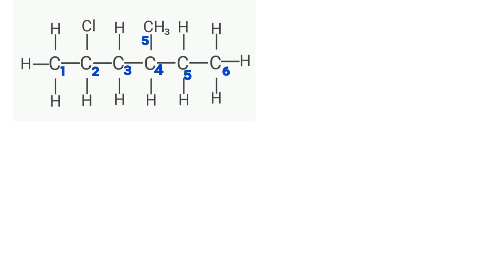So we have a 5 carbon chain and a 6 carbon chain. 6 is greater than 5, so the longest continuous carbon chain is 6. The prefix for 6 is hex. Since this is an alkane, it is hexane. So the parent chain name is hexane.